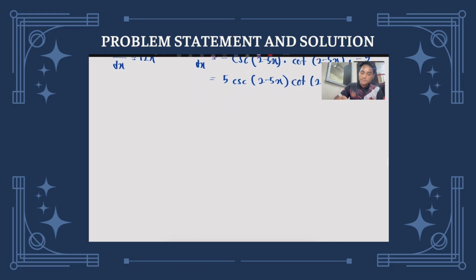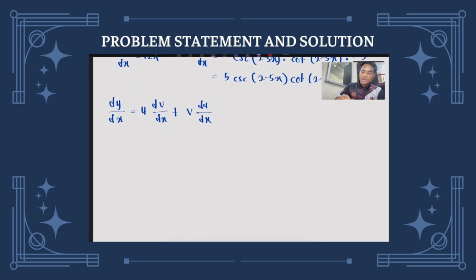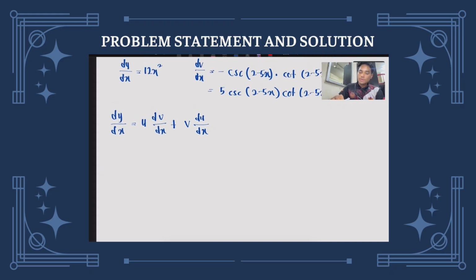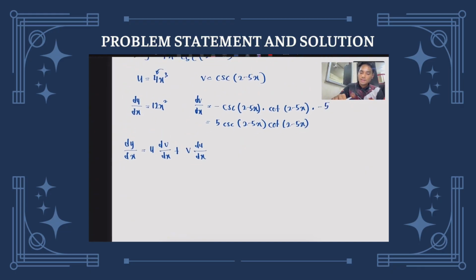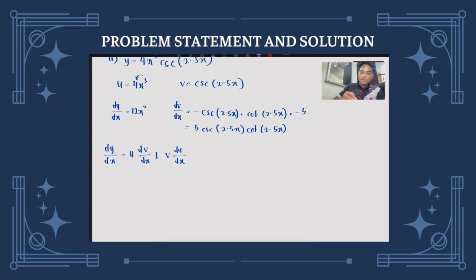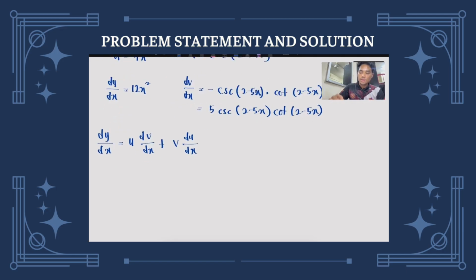You write the formula. dy over dx is u dv over dx plus v du over dx. After you write the formula, you just take this information into the formula.